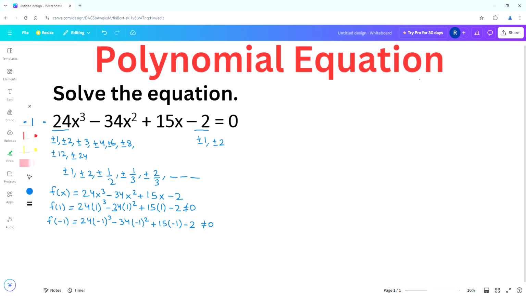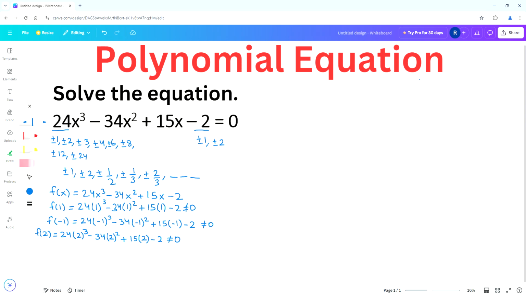Now we can try the next x value, 2. When we combine these terms, we do not get a value equal to 0. That means x equals 2 will not work for us.